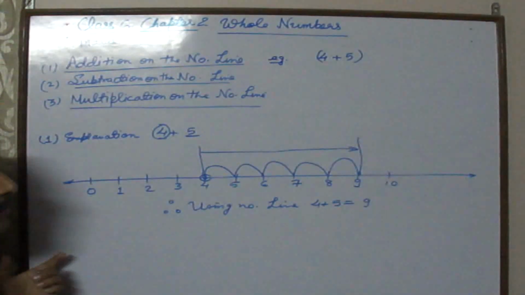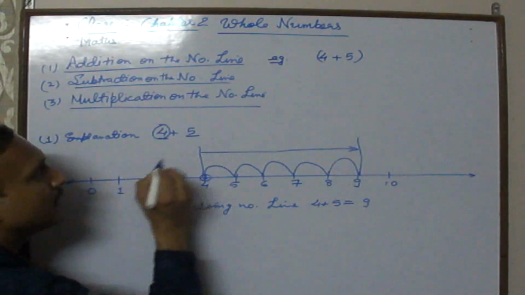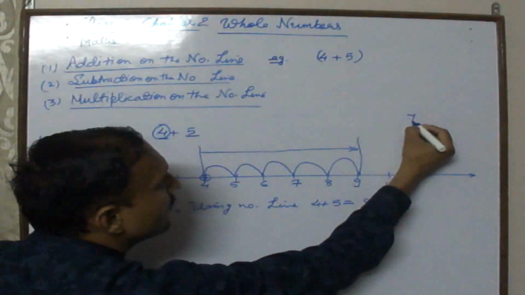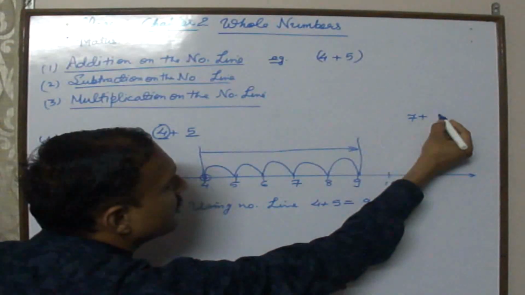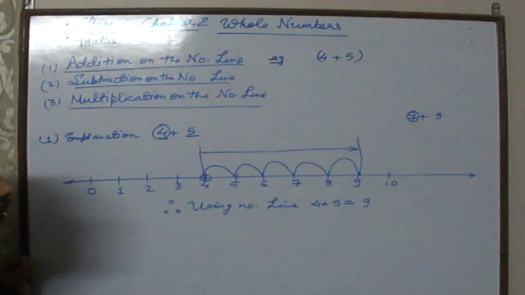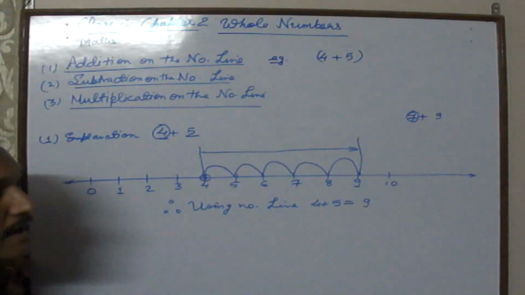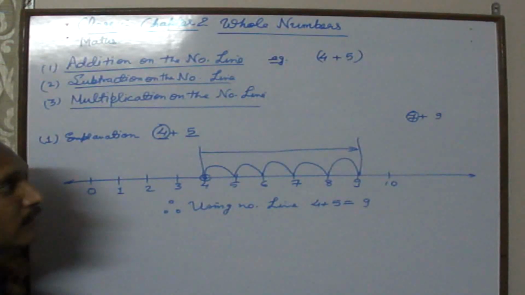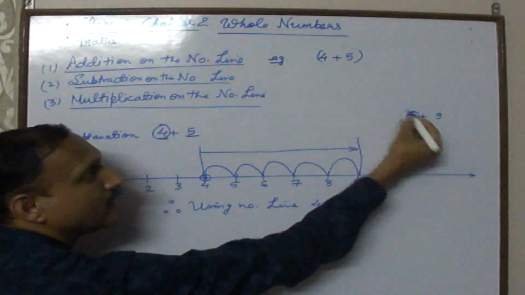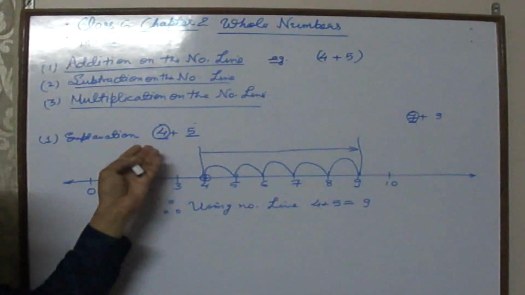Very easily we can do this, whenever we start from that particular number. Suppose we have to add 7 and 9, we start with 7 and then keep on counting 9 places: 1, 2, 3, 4, 5, 6, 7, 8 and 9. We can start from the second number also, but generally we start from the first number.